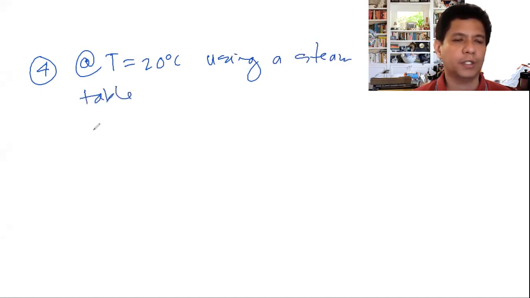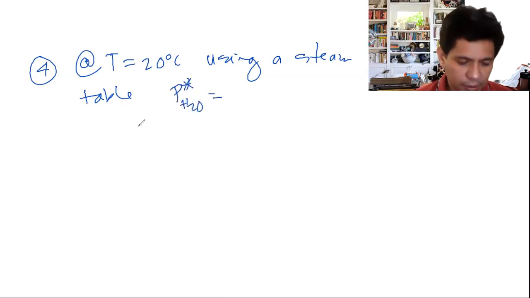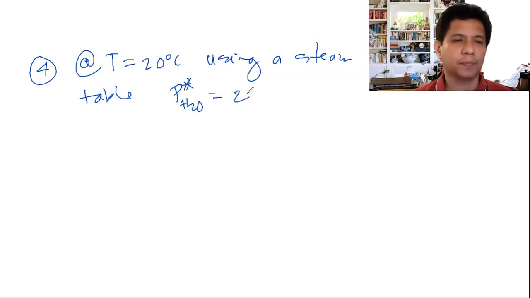This is the other term for this thermodynamic table of water. So at T equals 20 degrees Celsius, P star H2O is 2.337 kPa.